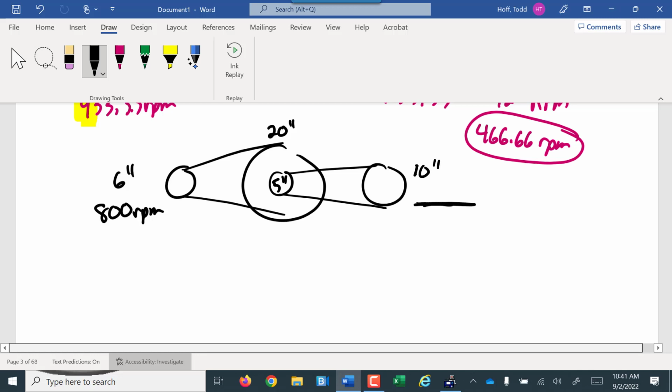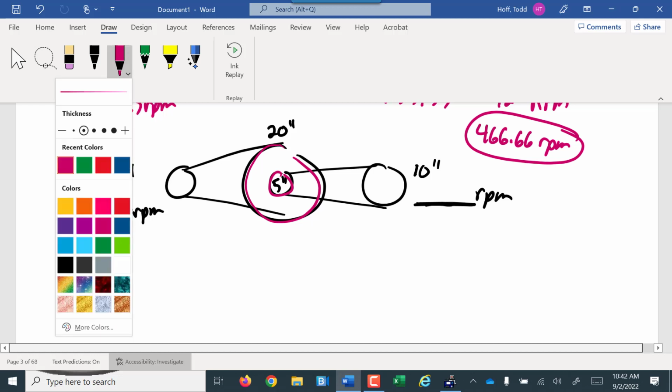So we need to find the RPM here. It's the same type of thing. We have to go through both interactions because the 20-inch and the 5-inch pulleys are technically connected on a shaft. Even if they're welded to the side of each other, they're sharing a shaft. So we have to go through the double calculation here.